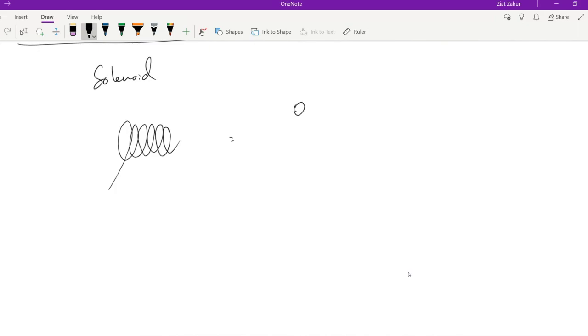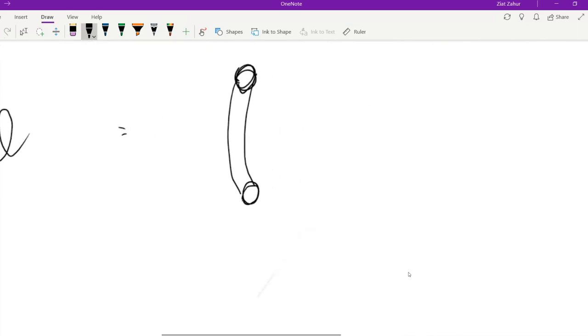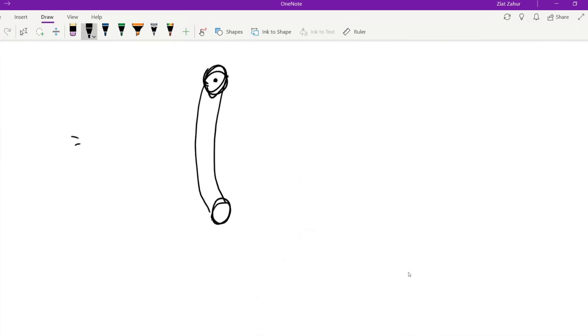So imagine us cutting the solenoid in half so that you can see the cross section of the wire like this. Ooh, I don't like that one. It's a terrible noodle. There we go.